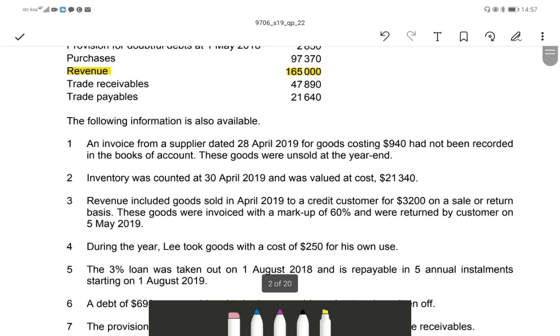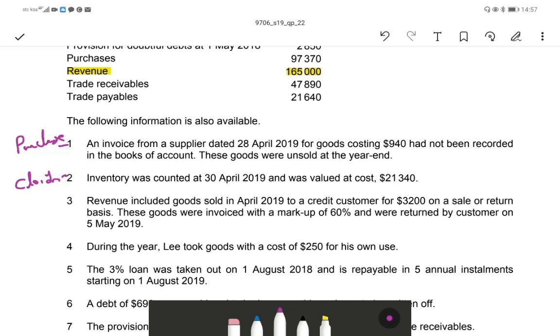So the first one, invoice from supplier for goods not being recorded in the books of account. These goods were unsold at the year end. So it will be affecting purchase. Second one, inventory was counted in April 2019 and was valued at cost 21,940. That is closing inventory.